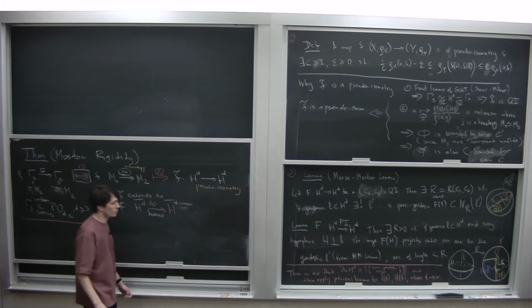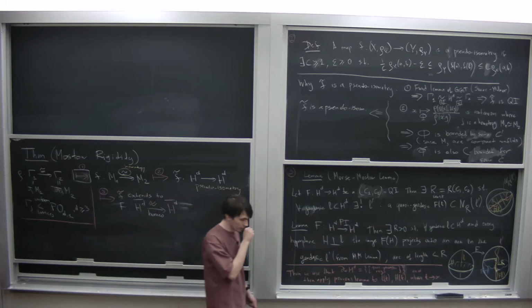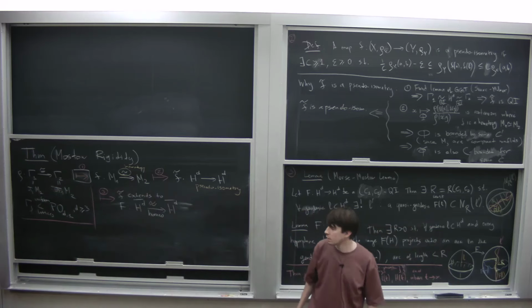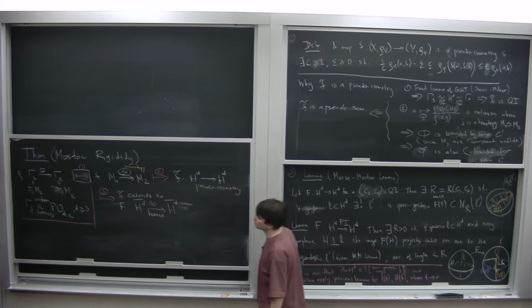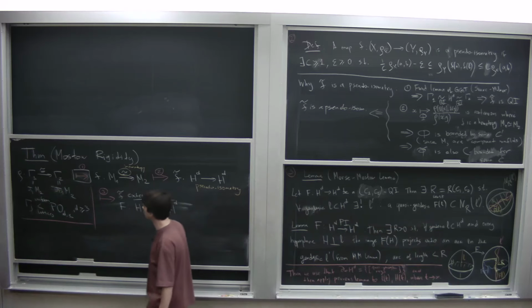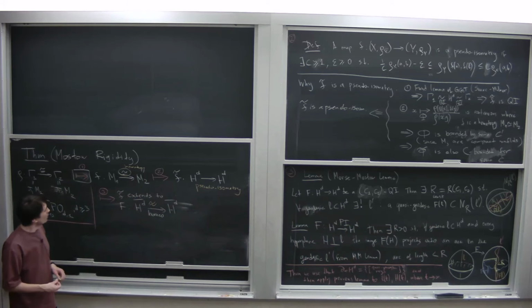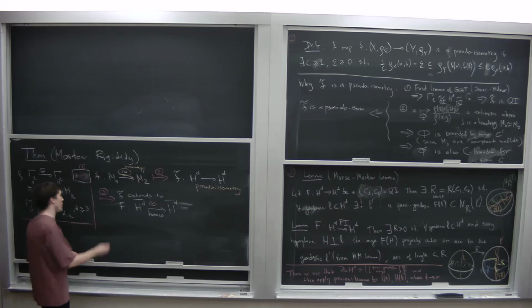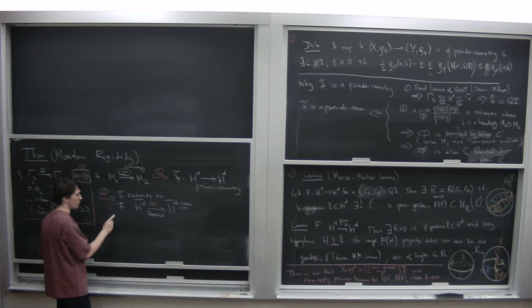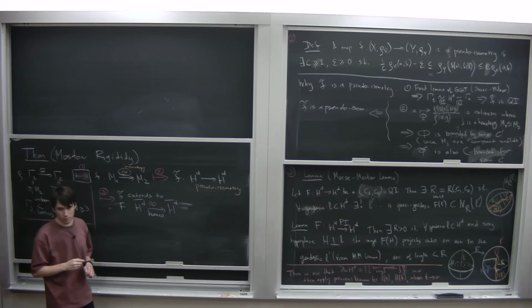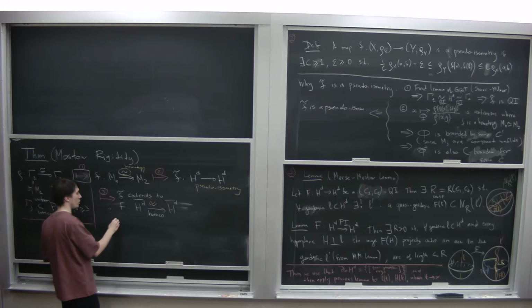If it's a homeomorphism on the interior, then the original F between the two is a homeomorphism. Okay, I will leave the question, but I'm still pretty sure that this should be. But okay, question.